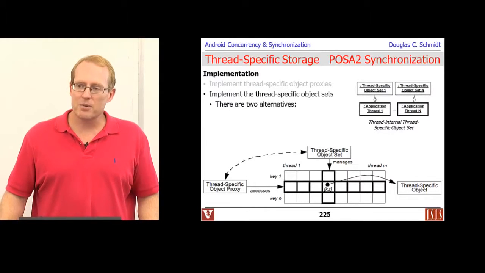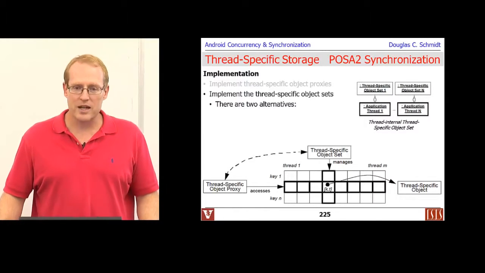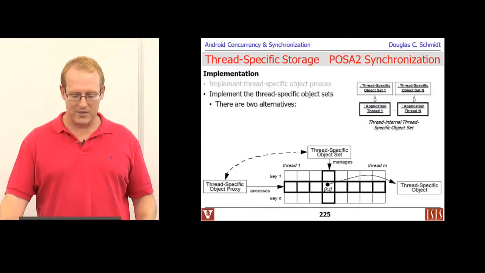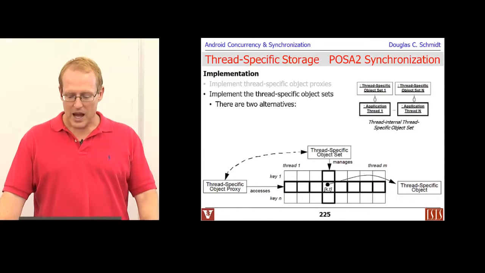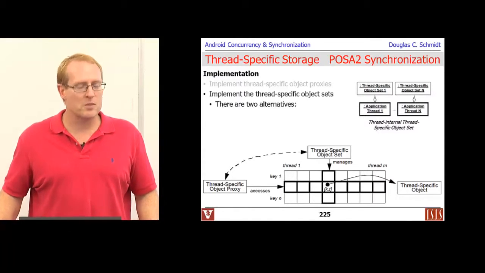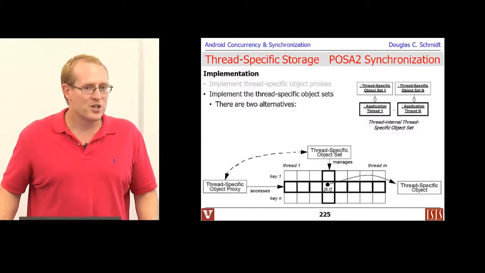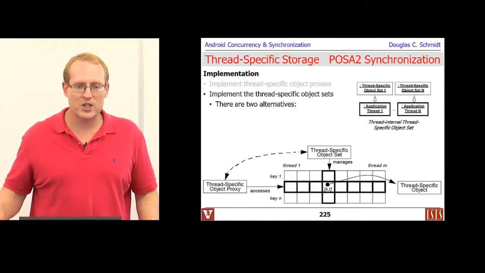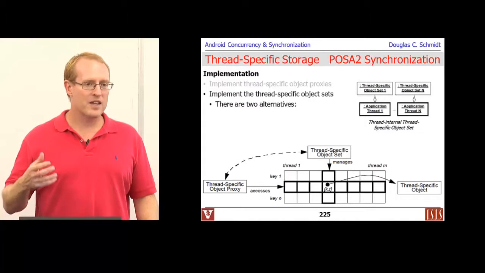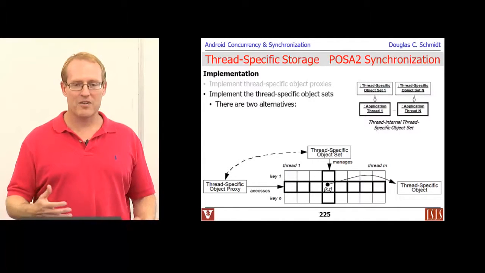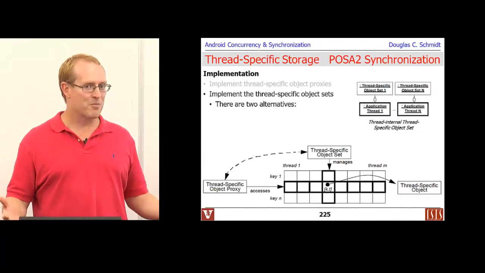The next thing you need to do is implement the thread-specific object sets. And as Sean pointed out, there's a couple different ways to do this. One way, which is typically the way things work if you use thread-specific storage that's actually implemented as part of the runtime system of your threading library, right?